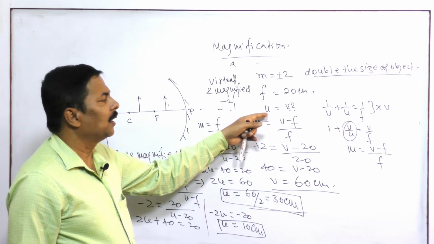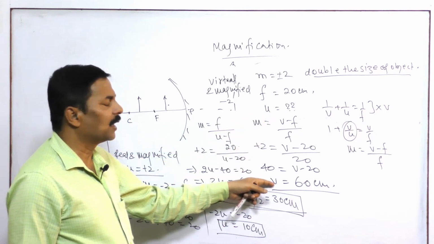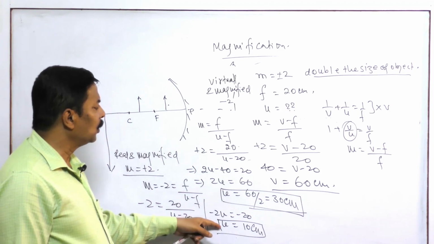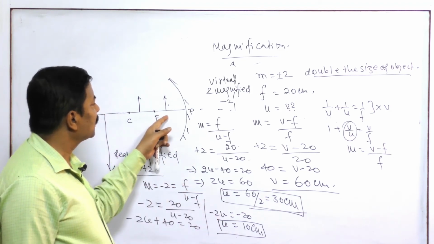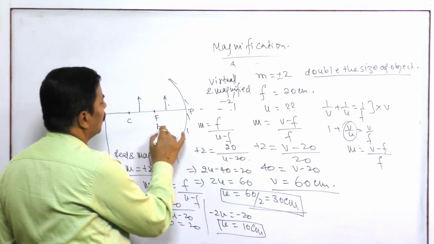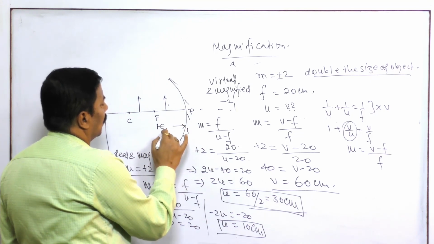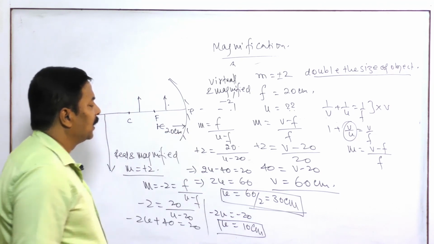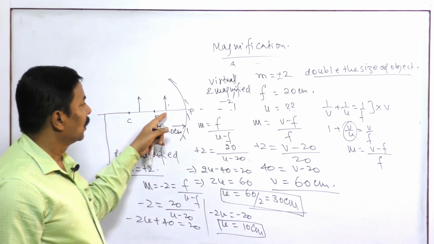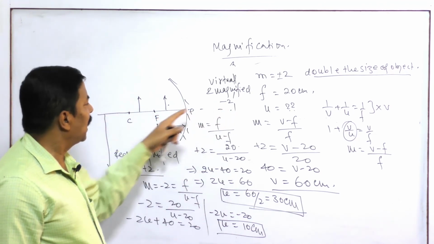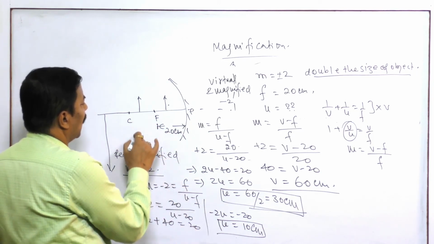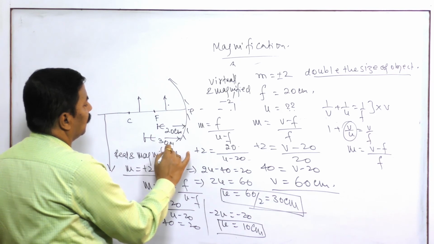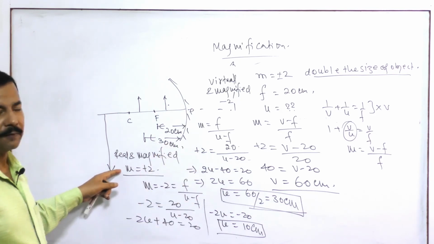As we have found the object distance, in the same way we can find the image distance also. When the object is at a distance of 10 centimeter, we are getting the virtual magnified image, and if the object is at a distance of 30 centimeter, we are getting the real magnified image.